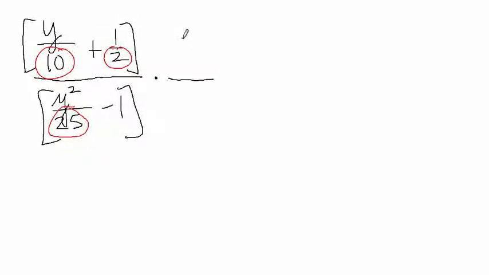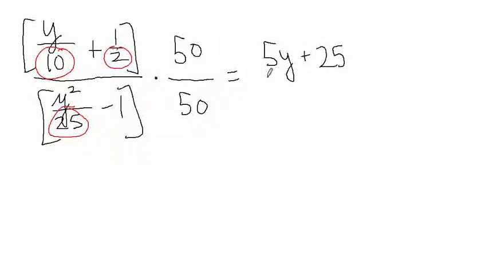So we're going to multiply by 50 over 50, and I'll go ahead and distribute right now instead of copying what I have. So that when I multiply the y over 10 by 50, I get 5y. When I multiply the 1/2 by 50, I get 25.